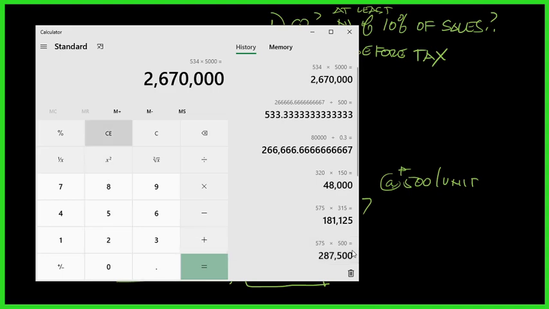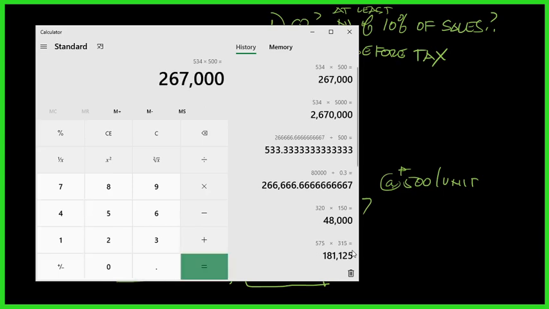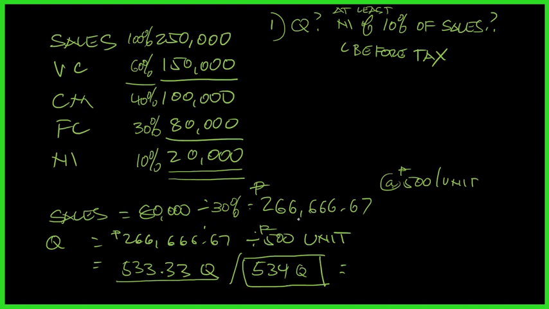Ulitin nga natin. Bakit parang laki-laki? Papapahiya ako. 534 times 500, ayun, 267,000. Kasi sa 266,500 or 267,000. Okay. Sales will be at least 267,000.